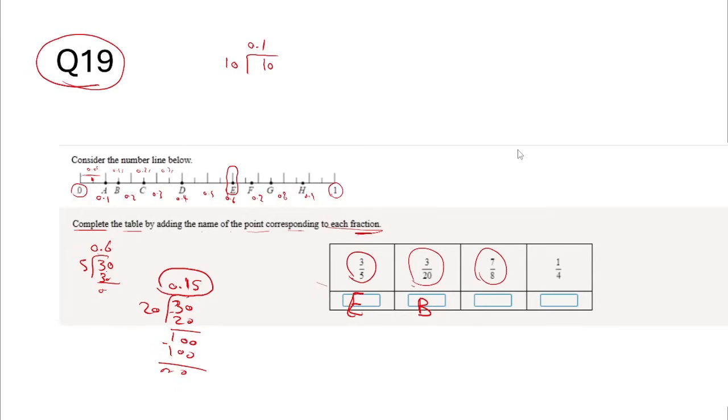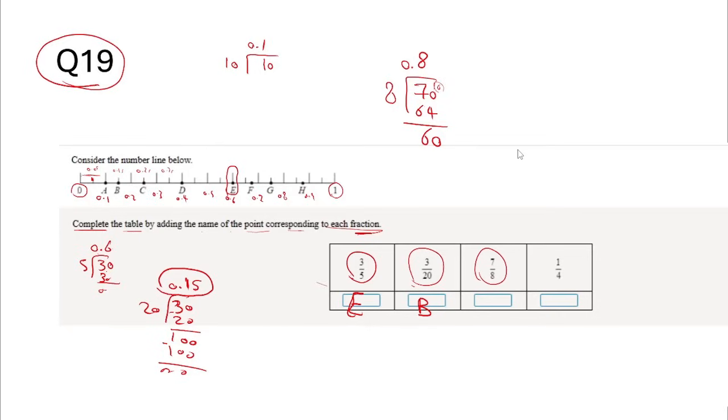Okay, 7 over 8. Again, it cannot be done, so 70 divided by 8. 8 times 8 is 64. 8 times 9 is 72. So 8 times 8 is 64. So this is 10, it will be 6.